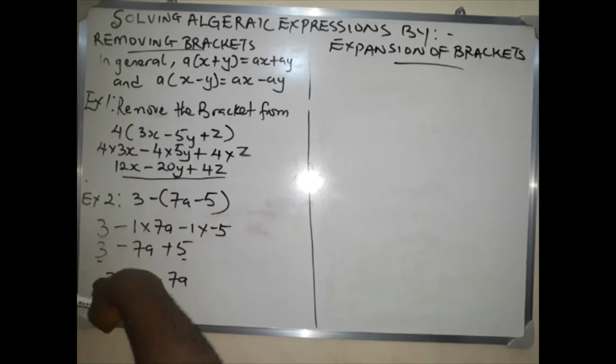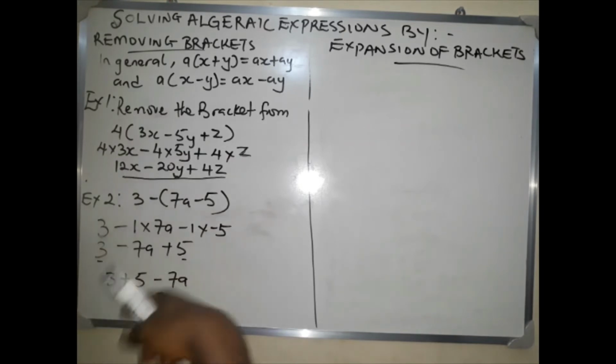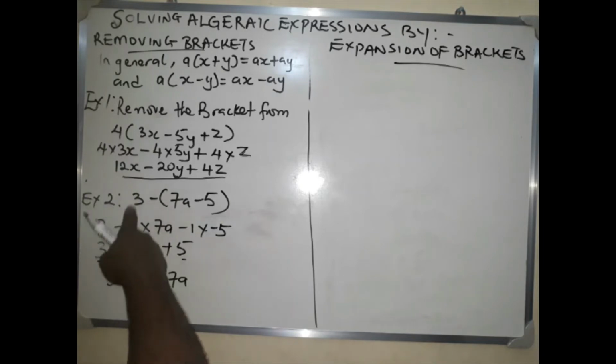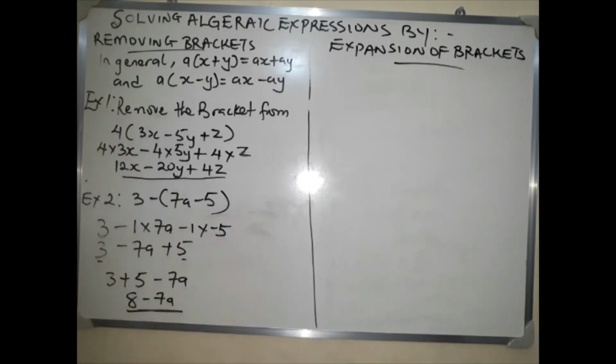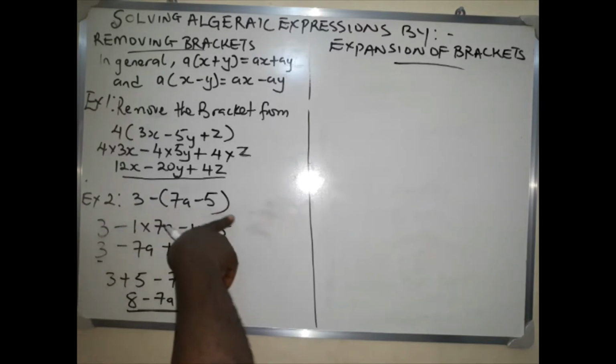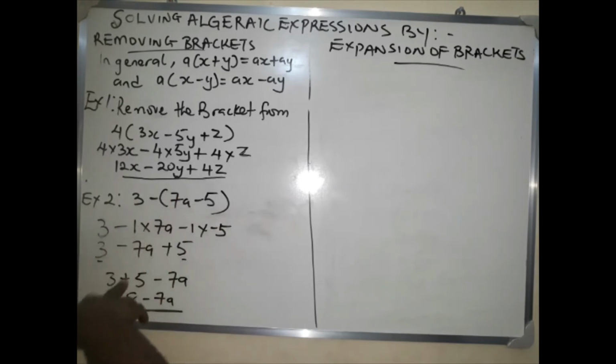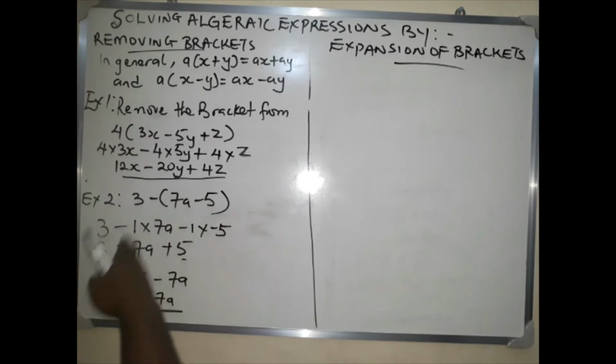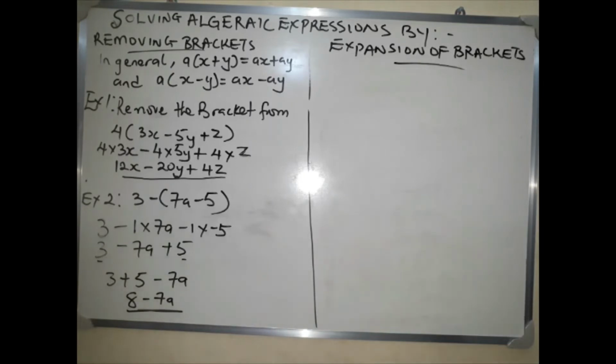And because we don't want to just say that a sign is multiplying everything, we say, let it be minus 1, since when you multiply 1 by a value, that value will still maintain its value. So we say minus 1 times everything in here, and when you multiply it, you remove the bracket and get your final answer. So that is how you solve algebraic expressions by removing brackets.